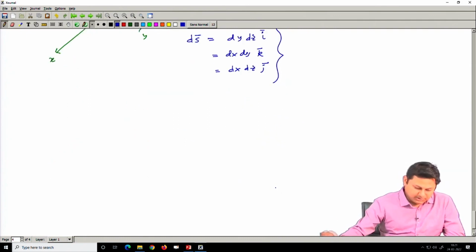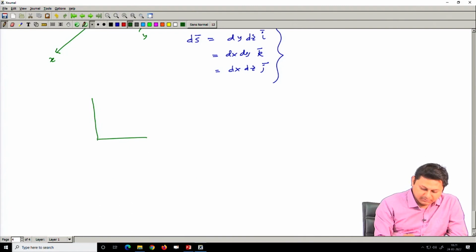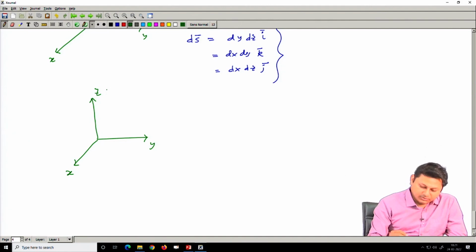What about the volume element? Again, the volume element is very simple. Volume element is a scalar quantity, so we should not bother about the direction; for the surface, the direction is important. If I have a box here like this, a volume element I can define.